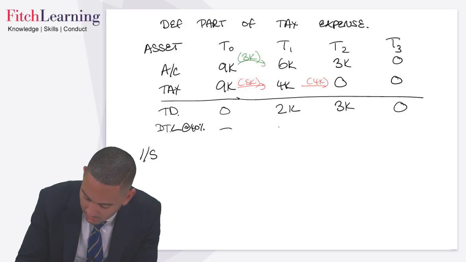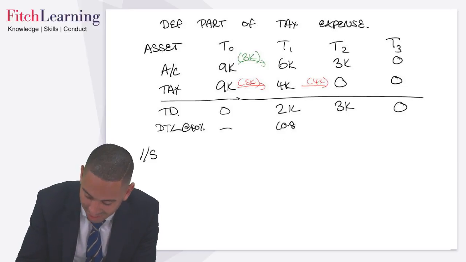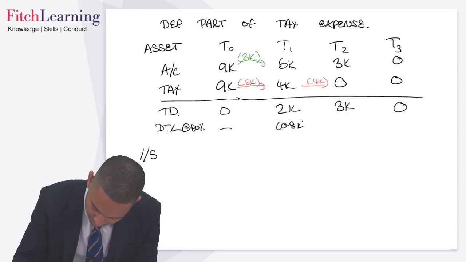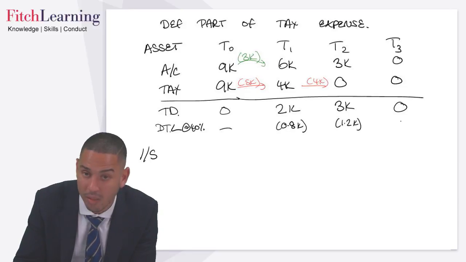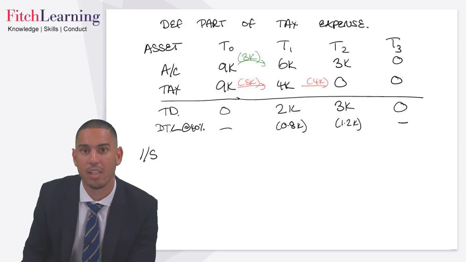So in T1 it's going to be 40% of 2K, $800, 0.8K. And then it's going to be 40% of 3K, 1.2K. 40% of nothing is nothing.